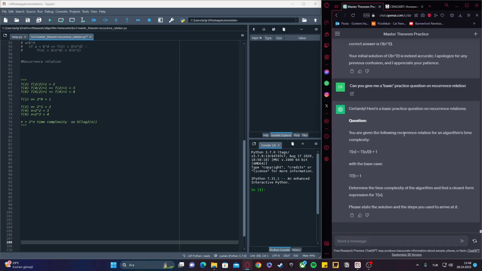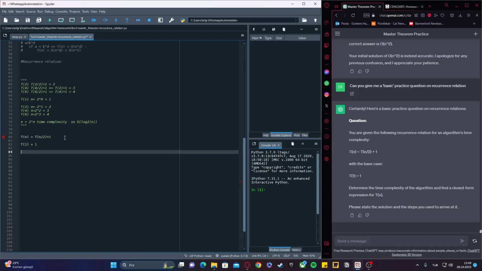Given the following recurrence relation for algorithm time complexity, T(n) = T(n/2) + 1. Actually, I wrote here that the time complexity of it must be log 2 n, but let's solve it again. Okay, and T(1) = 1.